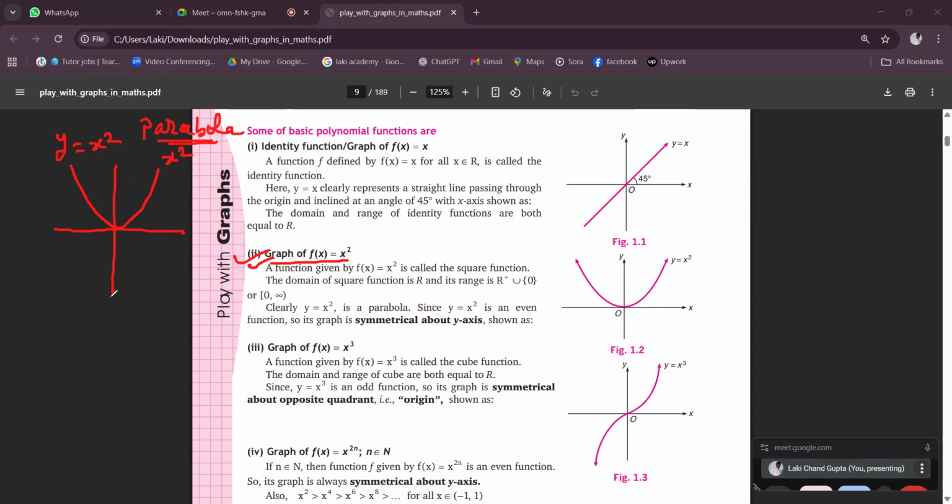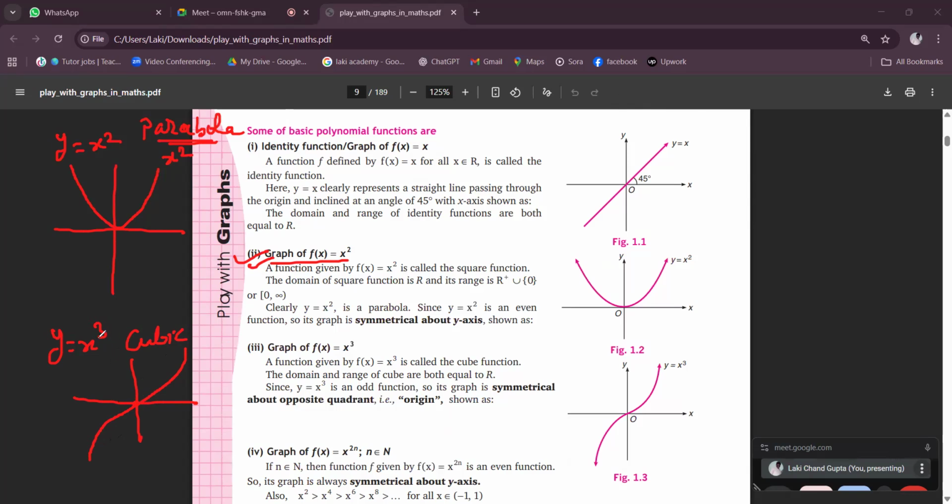Now write third graph, the cubic graph. This is cubic polynomial. Cubic polynomial is what? It goes from origin but is symmetrical about opposite axis. You can say symmetrical about origin.